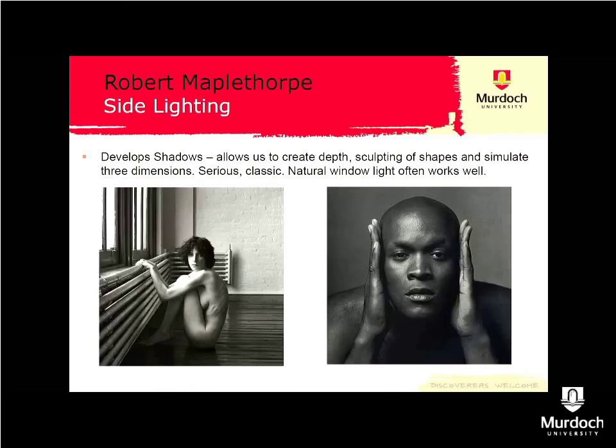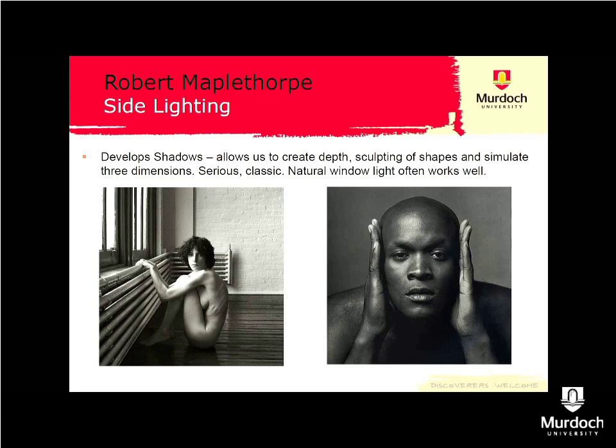So very good for sculpturing shapes. Serious and classic. You can choose how hard you want to have the light, but we'll talk about that in a moment. But it is the direction of light that's doing a big part of the work. And you can combine it with these other properties that we've already talked about. You can combine it with the intensity as well.